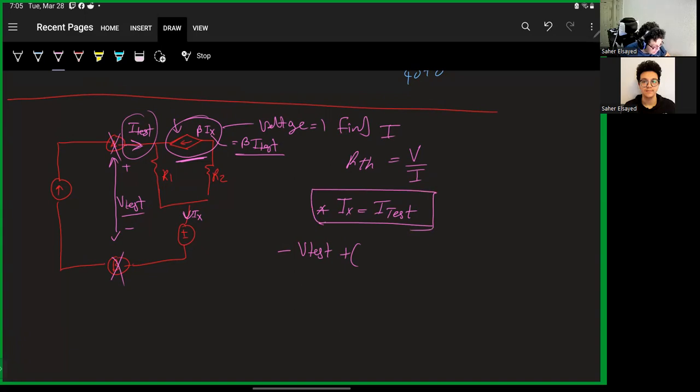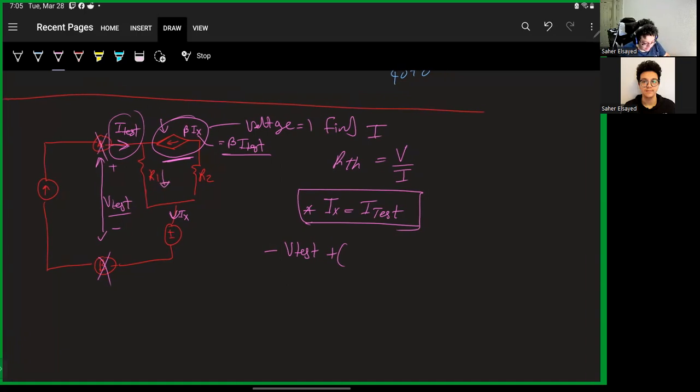Okay. So the current going through R1, it's going to be what? Again, we can simply do a KCL at this point, right? We know I test is coming this way, and this current is coming this way, so we can figure out this current here. Whatever is going in is equal to whatever is going out.